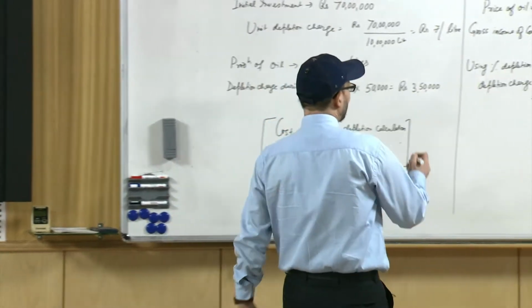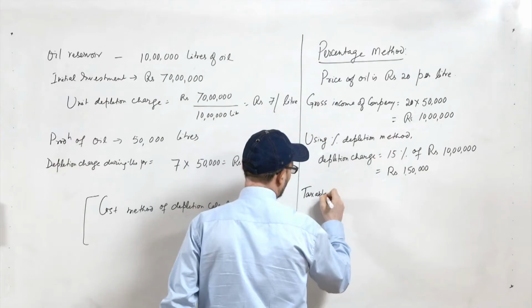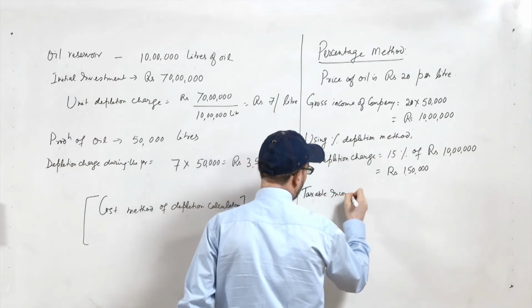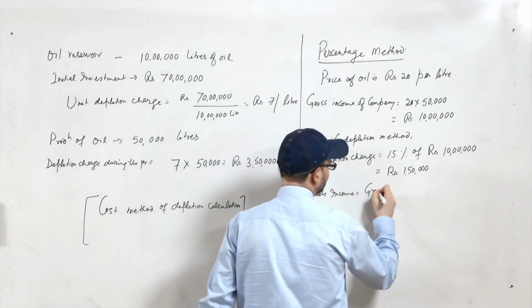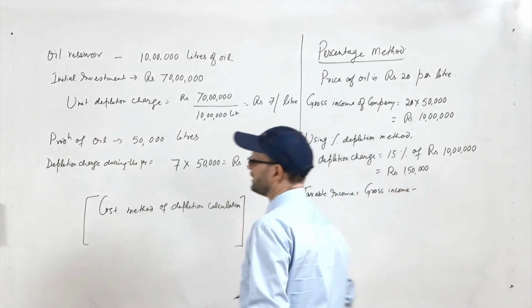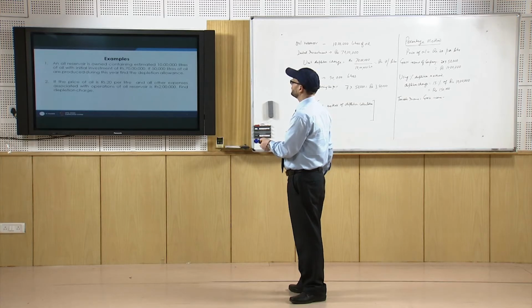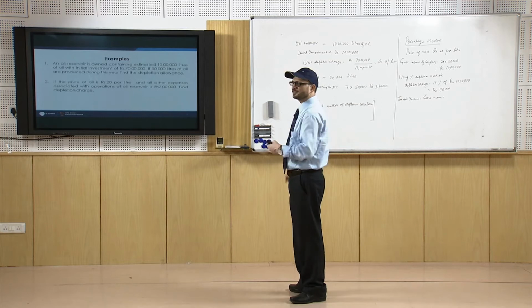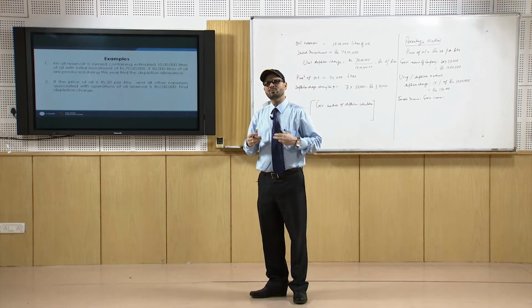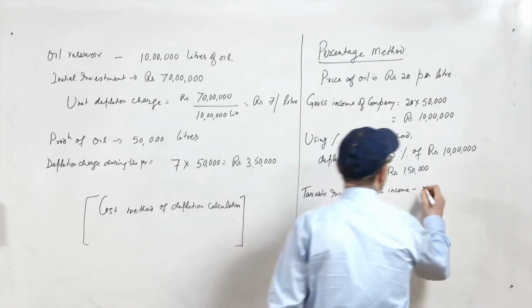So, the taxable income will be gross income minus the other expenses incurred by the company related to the operation of the oil reservoir.